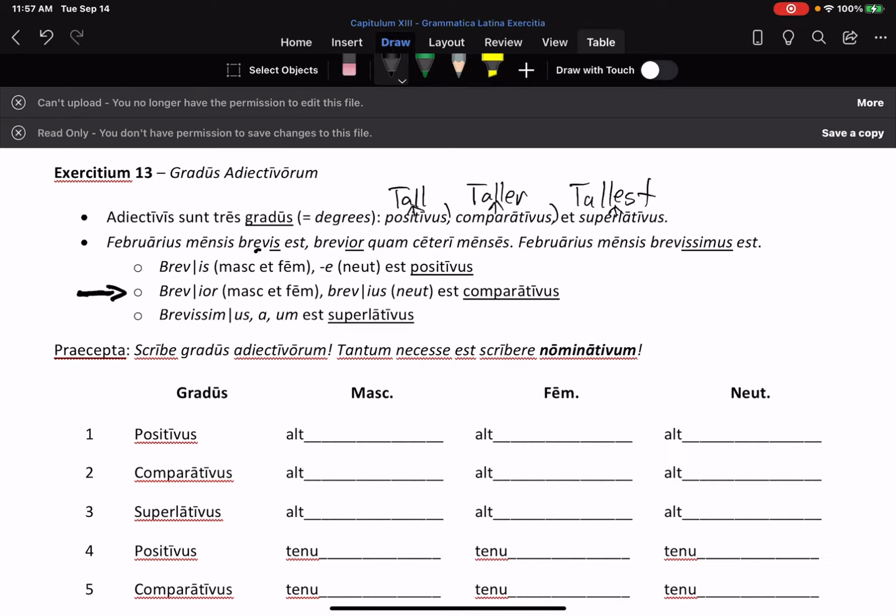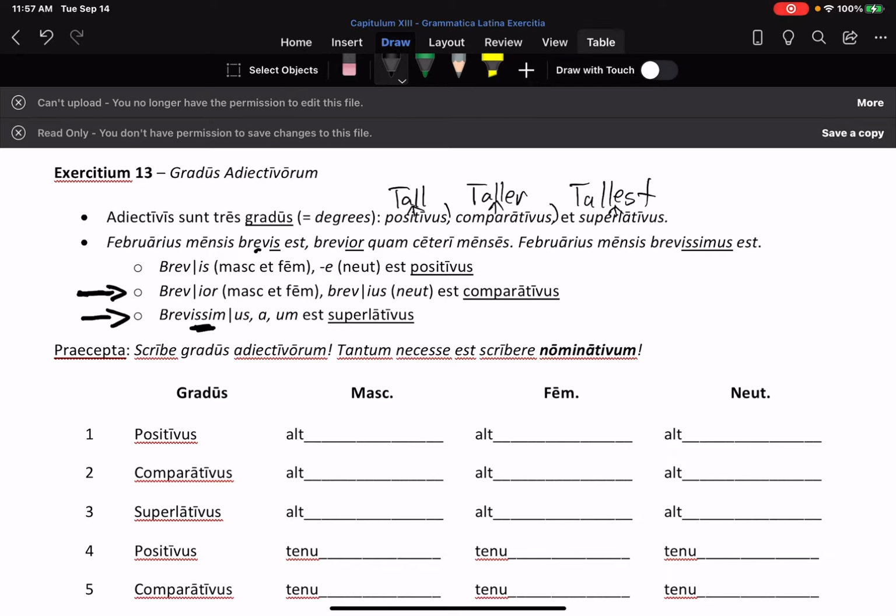With the superlative, I'd also just point out the S, right? You see double S. So often the superlative is easy to recognize because we've just made a word that much longer. Brevissimus. It's sort of over the top.